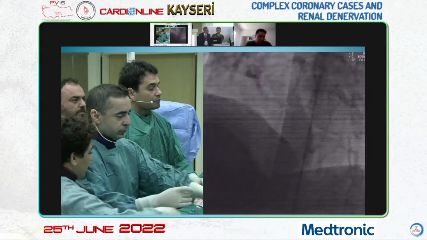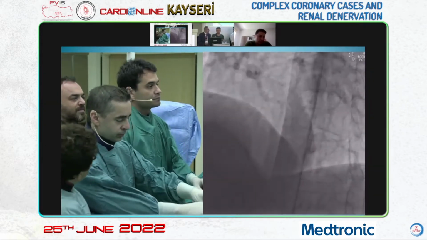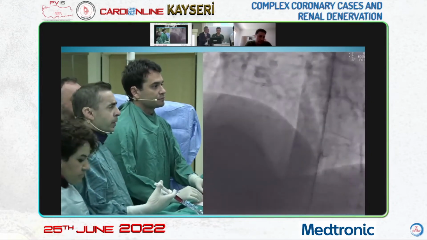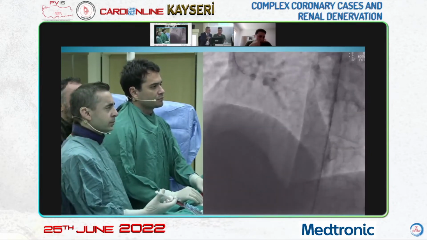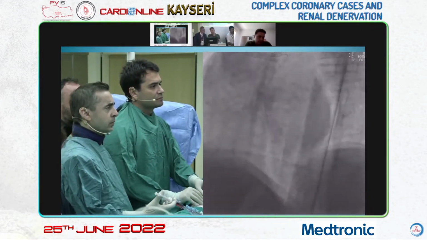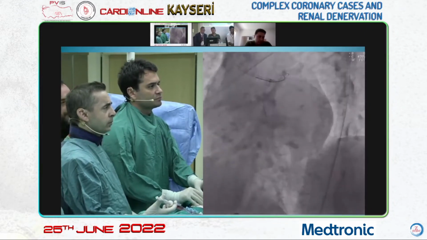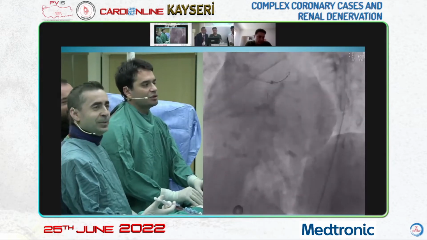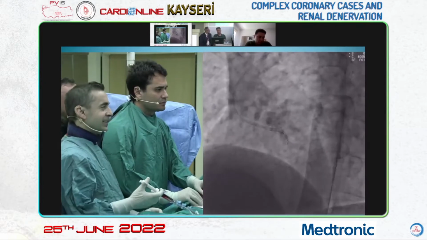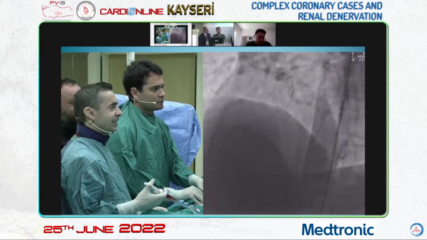The lesion was difficult, yes, but with the talented surgeons, they went past it very well. Our colleagues are really experienced. They passed it very well.